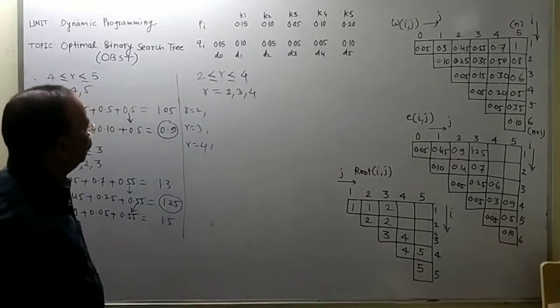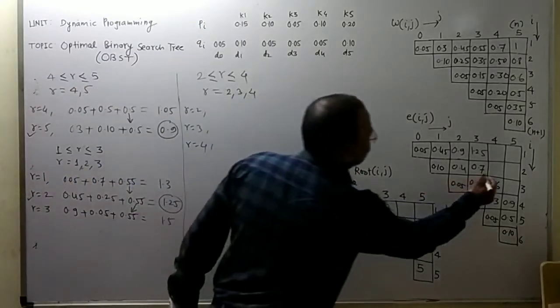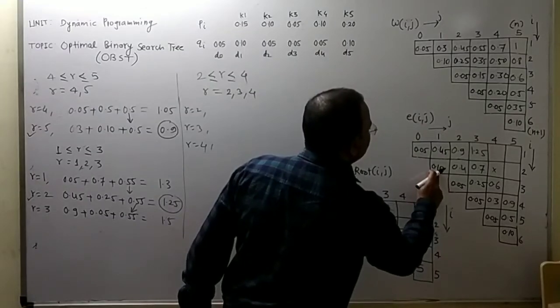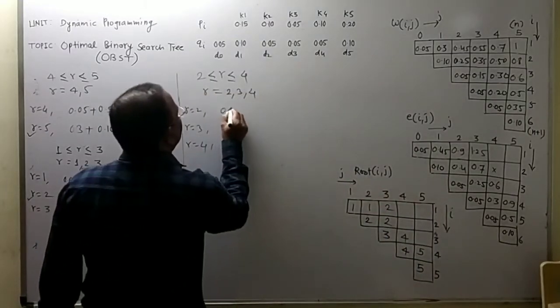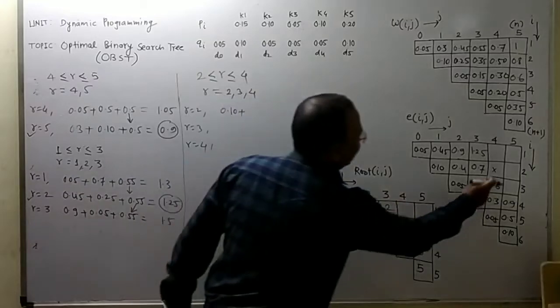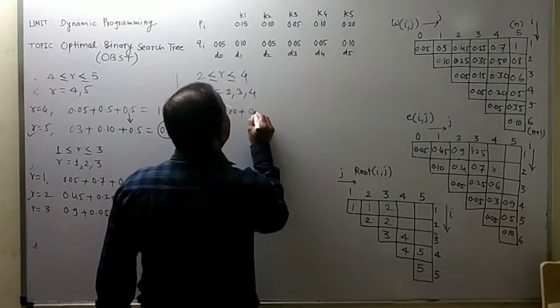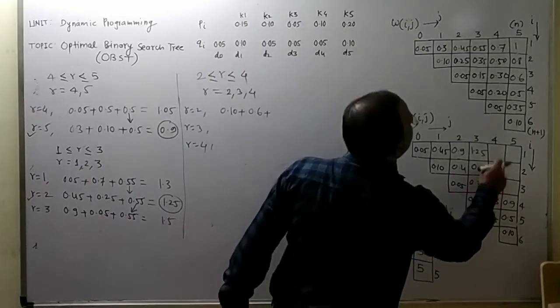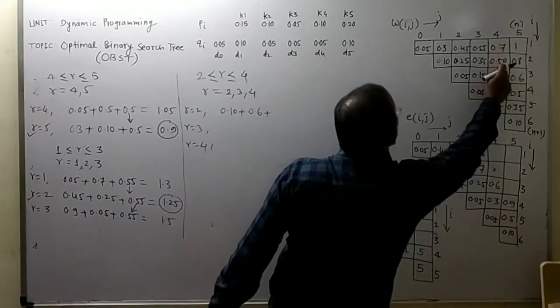Find out the values. For r is equal to 2, we have to consider 0.10 plus down value is 0.6 and W value is 2 to 4, that is 0.5.